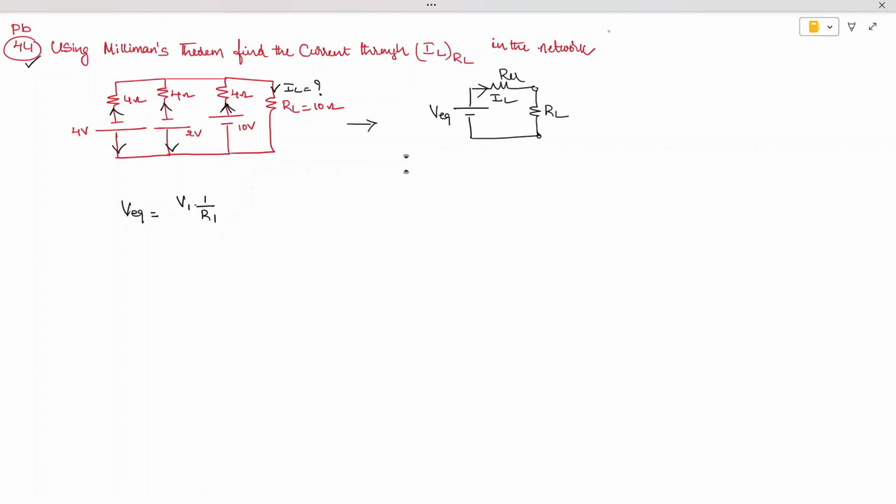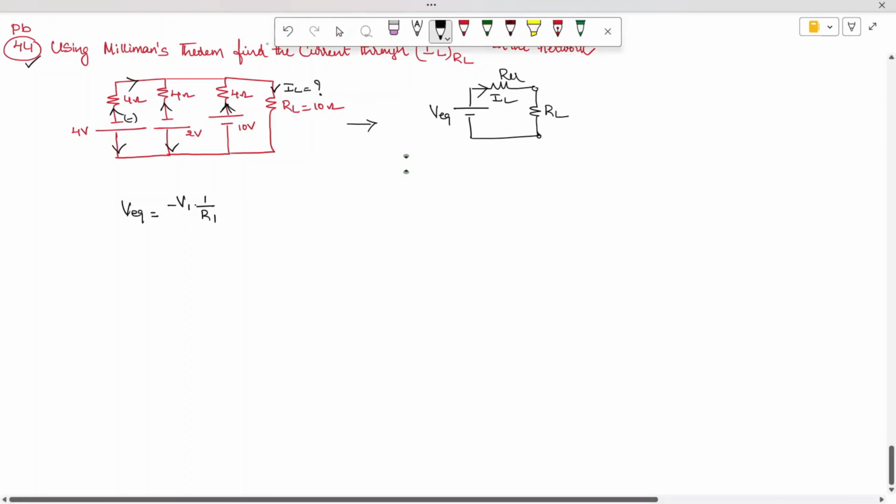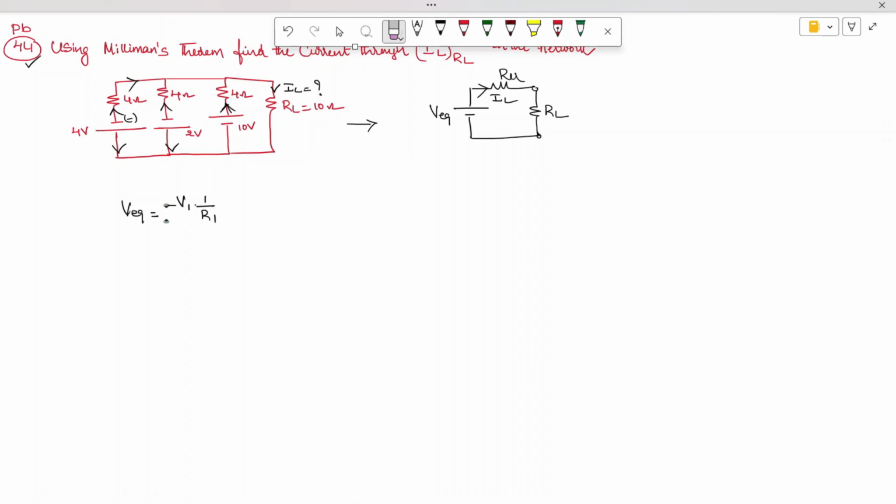Whenever the current is flowing in this direction, the polarity for this voltage is minus, that's why minus V1 by R1. Next, let's mark the currents in this direction. If you take the opposite direction, you will just get a negative. No need to bother about the direction of current, we just have to mark the polarities of the voltage.